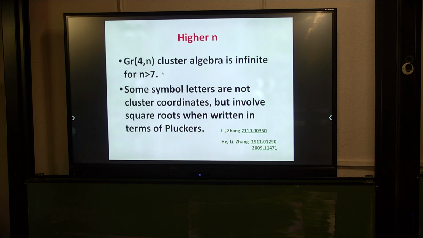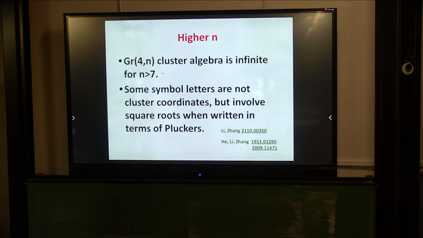Again, it's a very, very hard calculation. And some symbol letters are not cluster coordinates; they involve some square roots when you write them in terms of Plückers. And there's been a lot of slow but consistent progress in the past maybe 5 or 6 years trying to understand those letters for 8 points and 9 points.